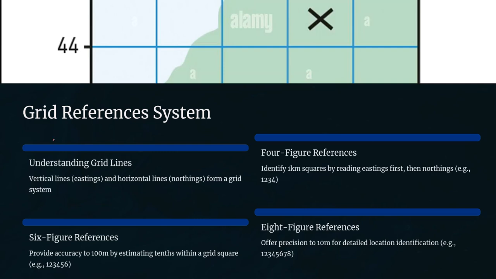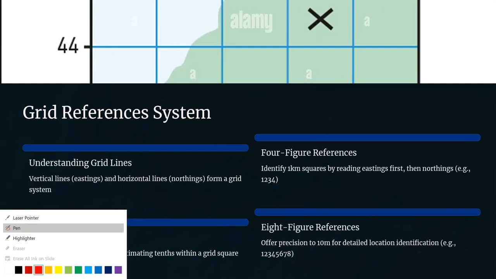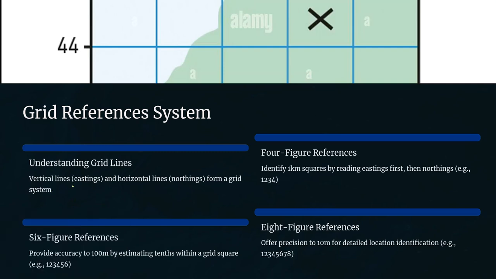And the grid references. So for the grid, you need to understand a few things, right? Grid lines. So there are 2 types of line, one is the vertical line and one is the horizontal line, right? The vertical line is the easting.